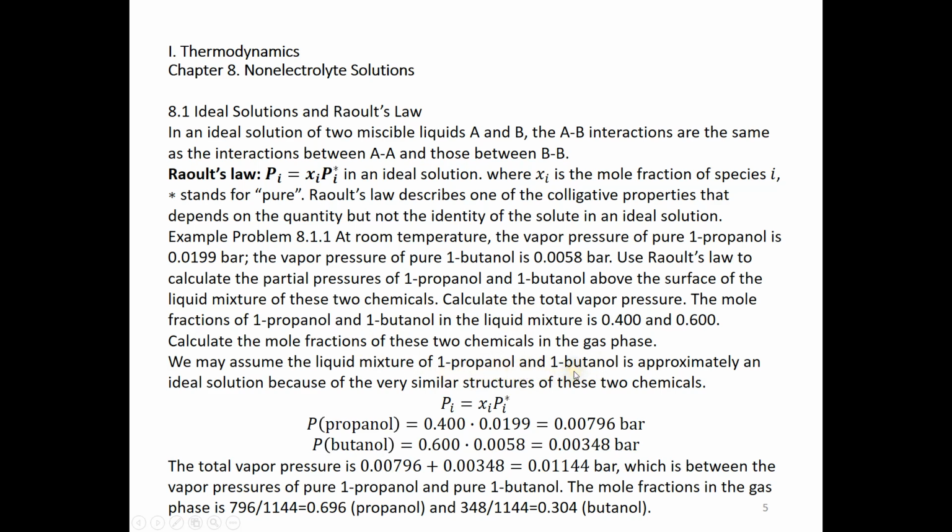It's also approximately the same as the interaction between two butanol molecules. Of course, the interaction would be a little bit different, but again, we're saying approximately. It's an ideal solution. Now we can compute the partial pressure of 1-propanol and the partial pressure of 1-butanol separately, using Raoult's law.